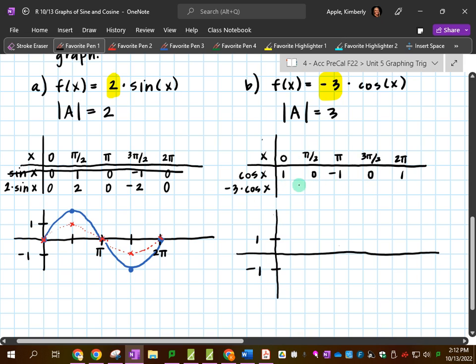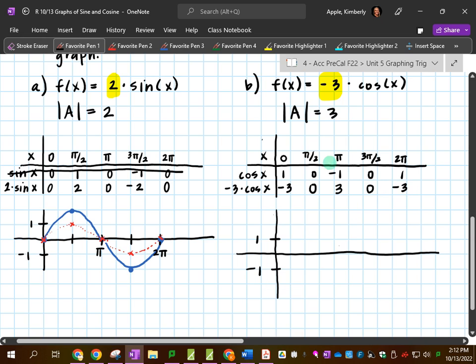So these are my originals. And now I'm going to make this edit. In this next line, I want to multiply all of the y values, the cosine values, by -3. So this will become -3. This will become 0. This one will actually become +3. This one stays 0, and this one will be -3.